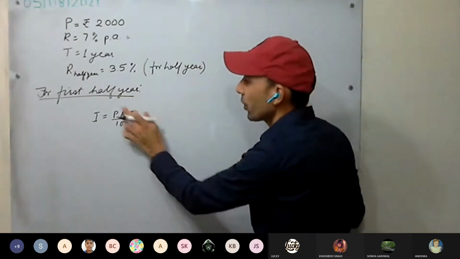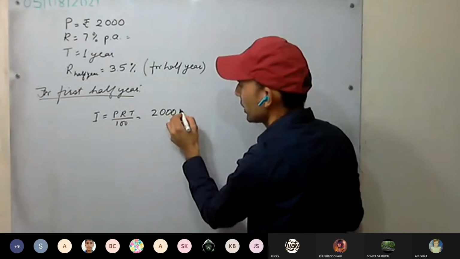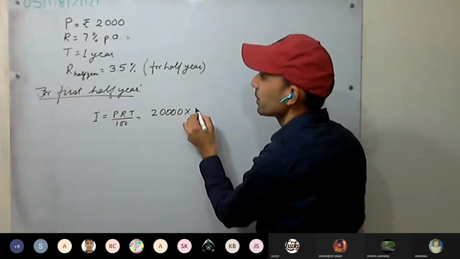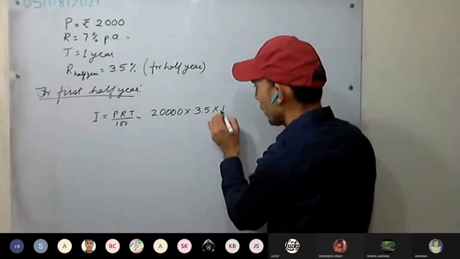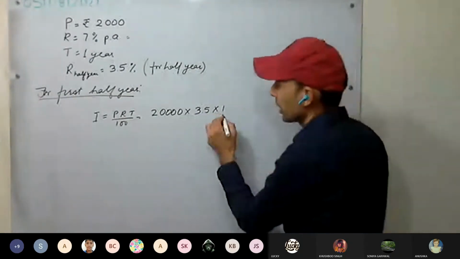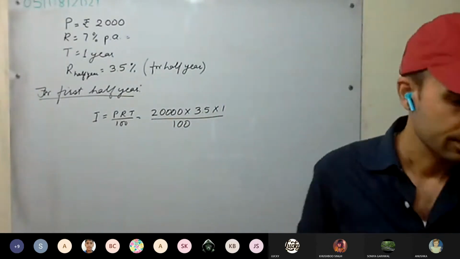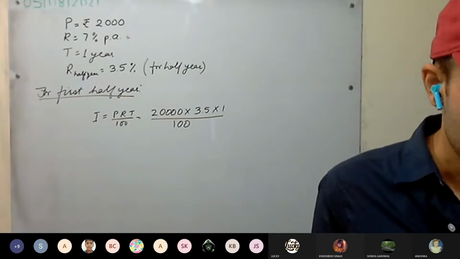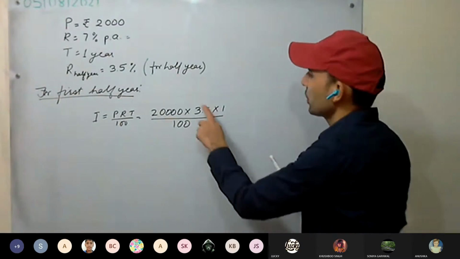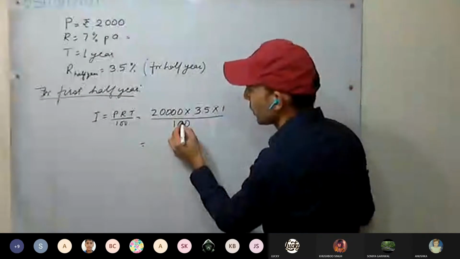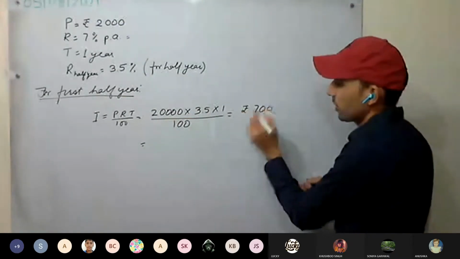For the first half year: 20,000 into rate 3.5 into 1, that is 1 half year, divided by 100. Calculate it. So 700. 3.5 into 2 is 7, the 2 zeros got cancelled. Interest is rupees 700.